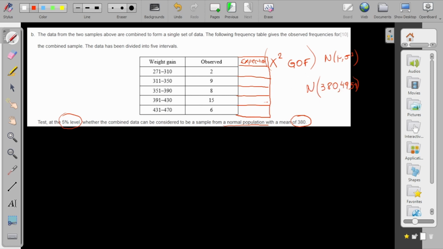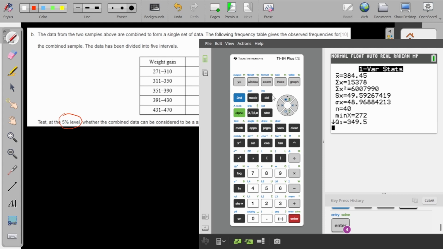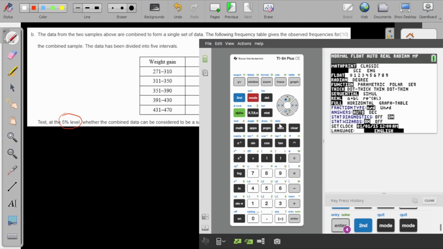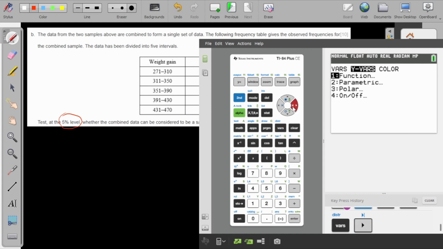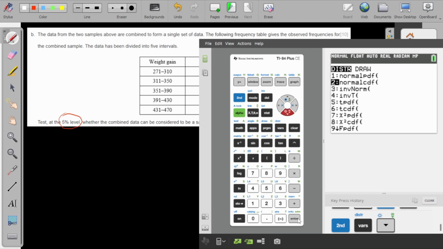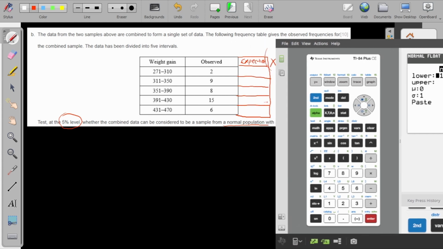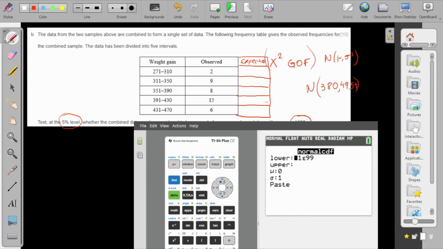So I will bring my calculator here and try now. I'll go to my distributions, second distributions, and I will calculate the probability here of what? Now let me have it here.